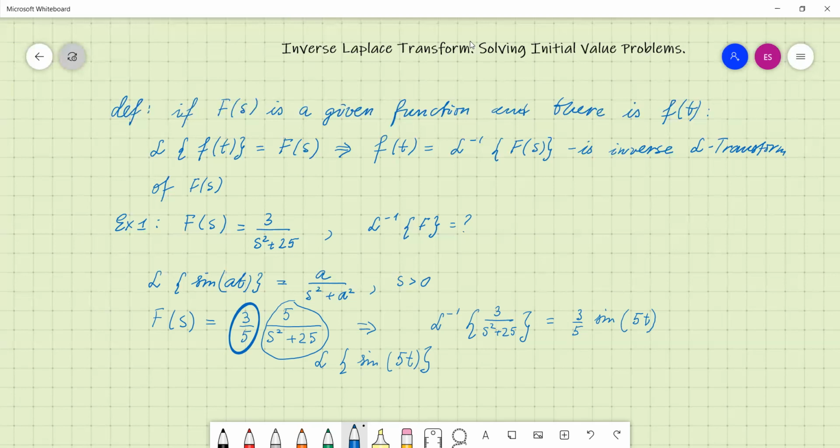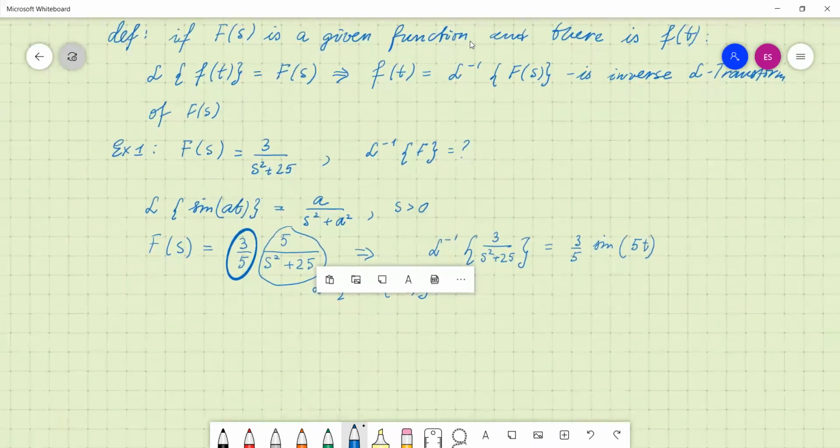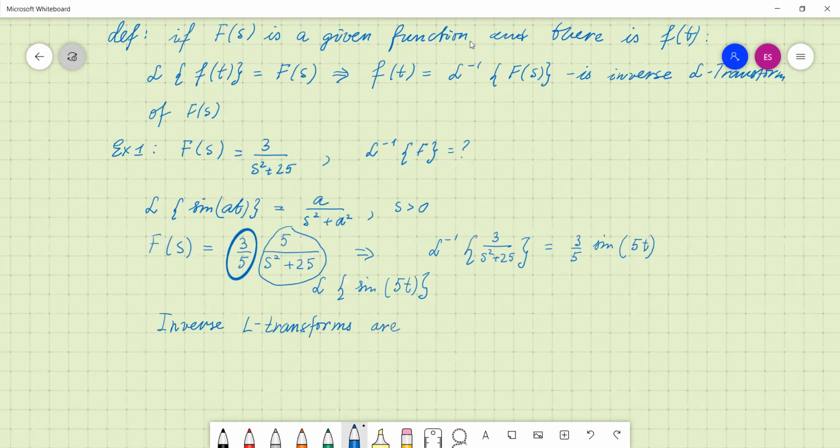So what else can we say about inverse Laplace transforms? Well, they're also linear. Inverse Laplace transforms are linear.